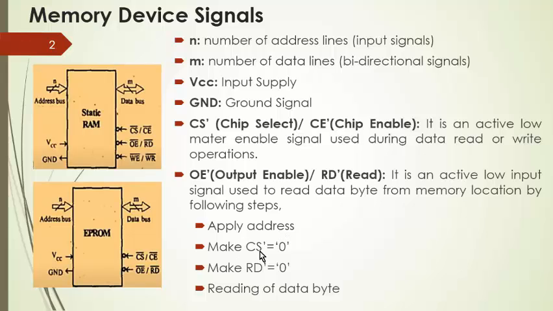Then it will make the CS bar signal active low, that is chip enable. Then the processor will make the read bar signal 0 to read the data from the specific memory location. And finally with the help of data bus it will read the data from the memory. So these are the steps involved during the data reading from the memory device.